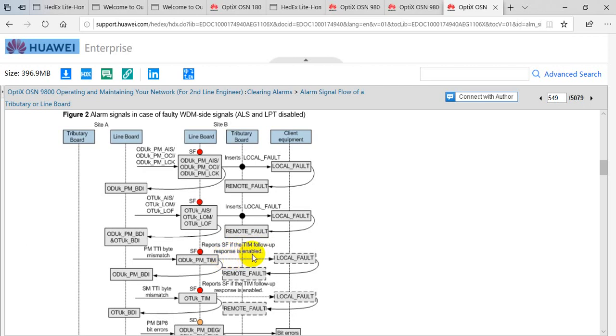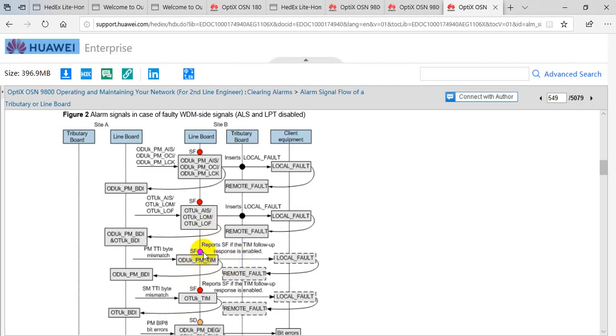TIM follow-up action enabled means that if you get a trail trace identifier mismatch and you don't want to get it, or you want to bring down your system if the signal you get is not the one you are waiting for, then you bring down the network.